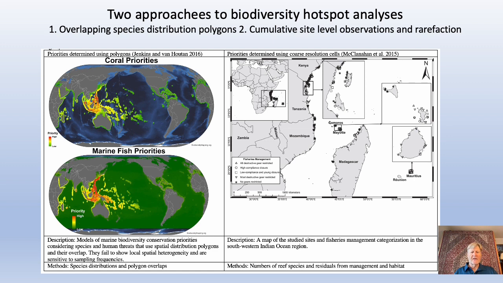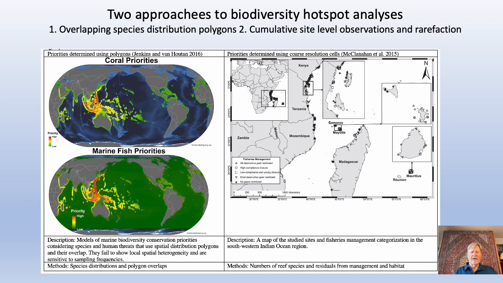Most of the studies as well have focused on two ways to identify the abundance of species or species richness. That is overlapping species distribution polygons, that is to use sightings of species in different locations and map out their distributions by connecting the points of their identification.